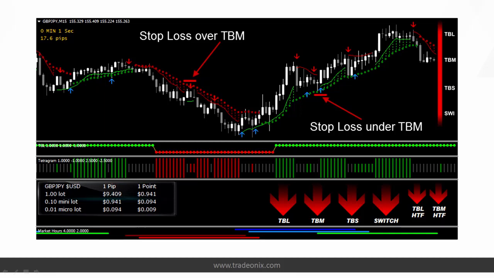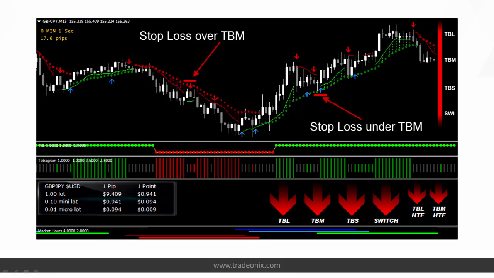Once the trade is signaled and we've entered the market, we will place our stop loss just over the TBM dot. The TBM is the stop loss placement that I highly recommend. This is a little bit safer than the TBS. It is a little bit further away from the price. We are less likely to be stopped out using the TBM. We don't want to place the stop loss directly on the TBM dot.